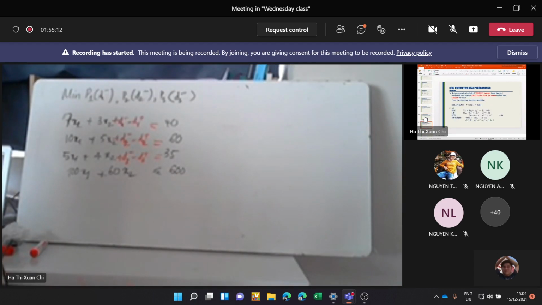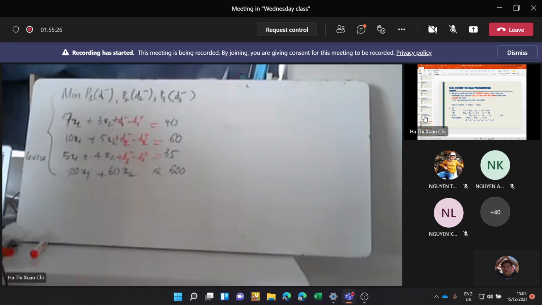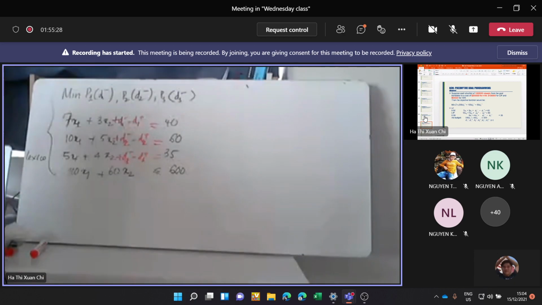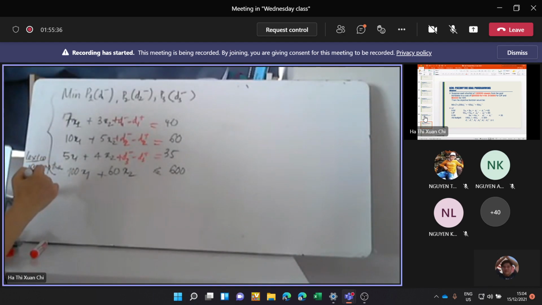So everyone, here, that is lexical goal programming. But we also have weighted, right? Lexical is the preemptive. We also have non-preemptive. But what is the non-preemptive?